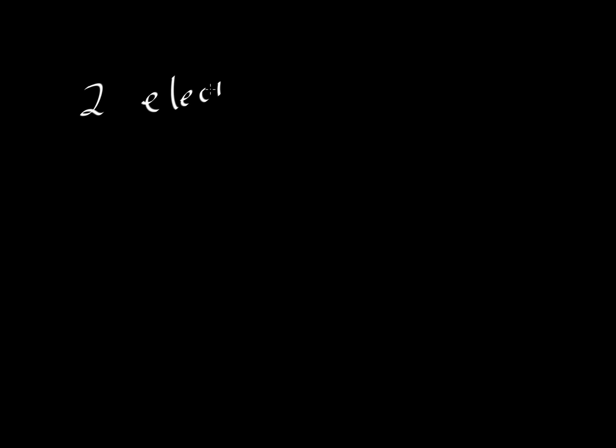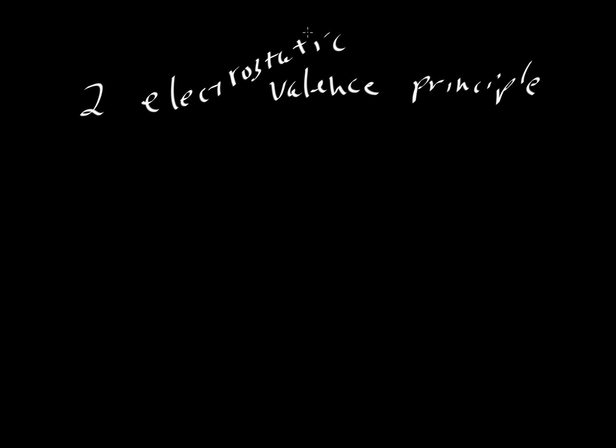That is the electrostatic valence principle. This is a way of looking at how anions are locally charge balanced given the cations that they might be bonded to.